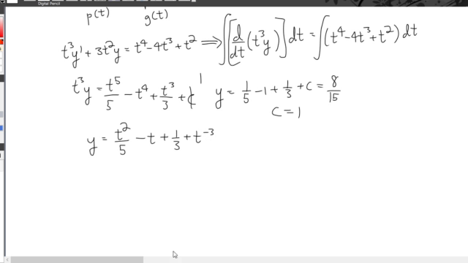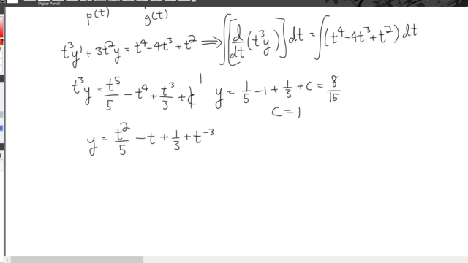And yeah, so it's t squared over 5 minus t plus 1/3 plus t to the power of -3.